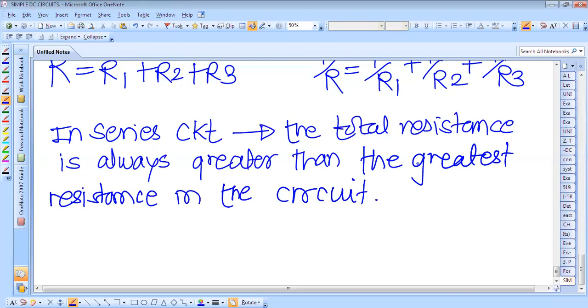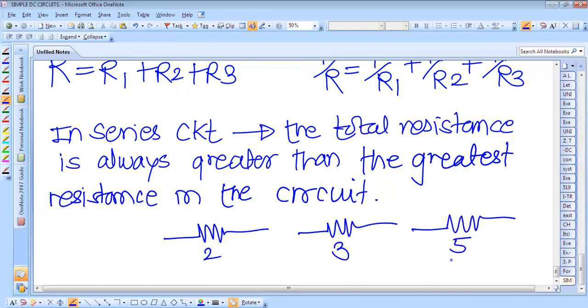This will be helpful as a check when combining series resistors. Suppose three resistors are there: 2 ohm, 3 ohm, and 5 ohm. When we connect these in series, the total resistance is always greater than the greatest resistance. The greatest resistance among these three is 5 ohm.